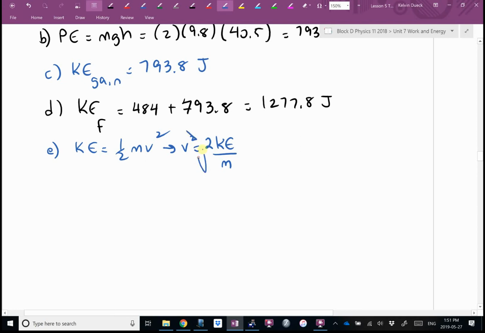Yes. Is that okay? We're going to be doing that one quite often, because one of the questions I guarantee I'll ask you is finding how fast a roller coaster goes. In fact, I'm willing to bet on the next page or two, I have a couple of roller coaster questions. So it's going to be 2 times 1,277.8 divided by, what was the mass? Was it also 2? Okay.